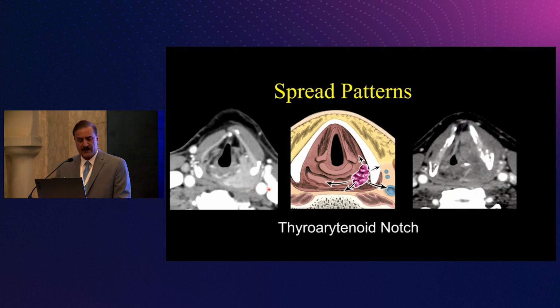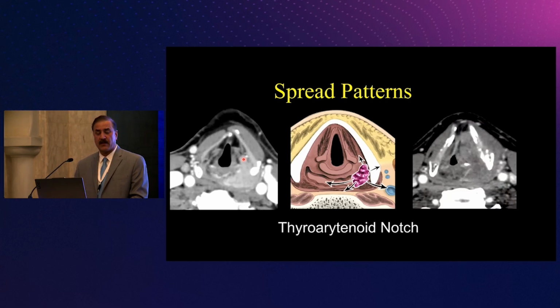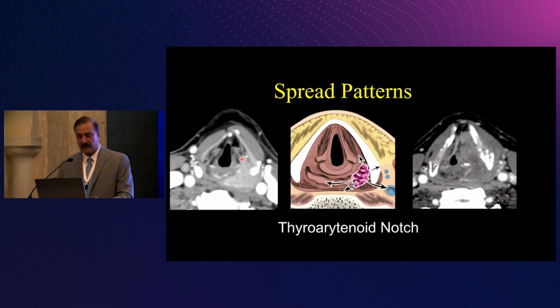So the cancer is pushed more anteriorly through the cricothyroid notch and gets into the glottic larynx. So now you have a cancer that is in the hypopharynx, but it is getting into the larynx. Two subsites are involved, so that ups the grade.